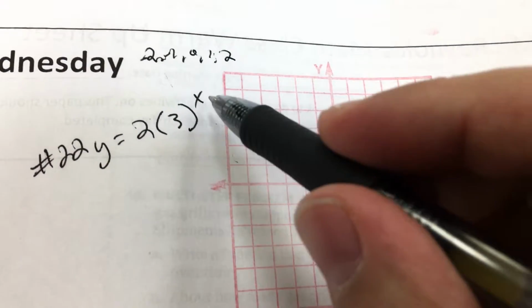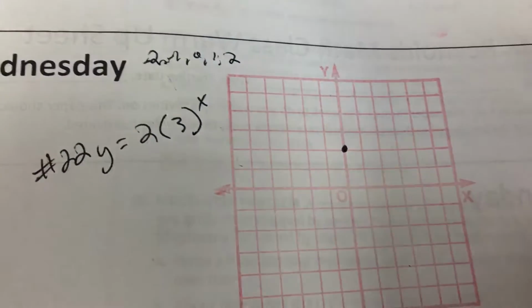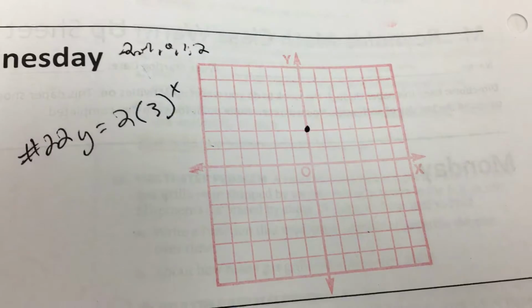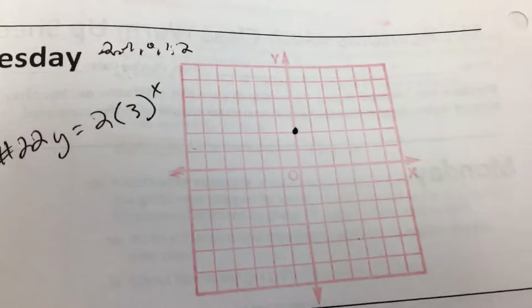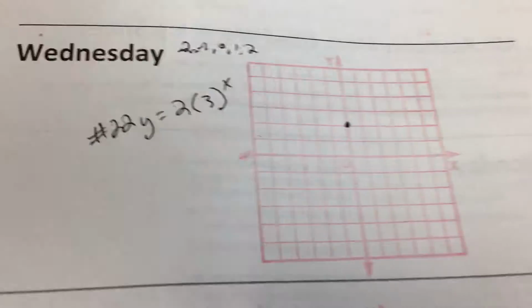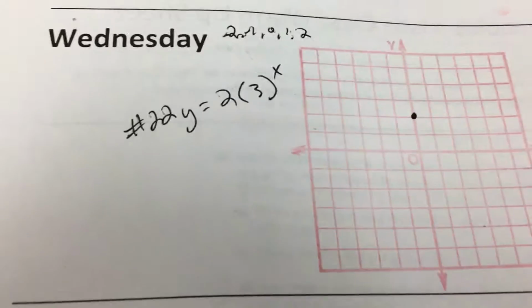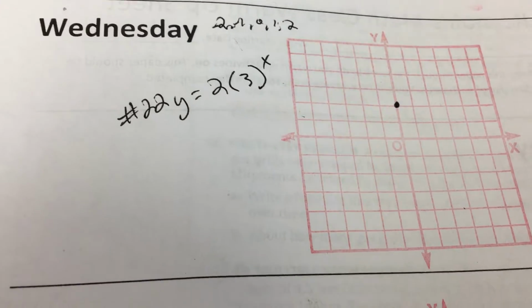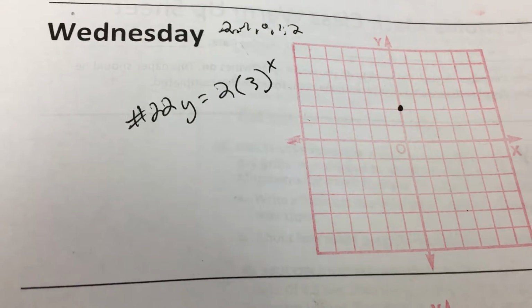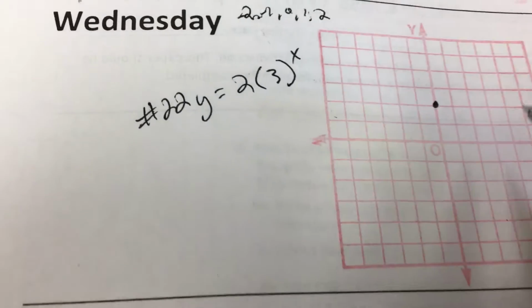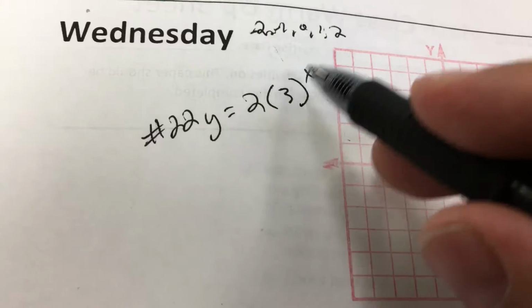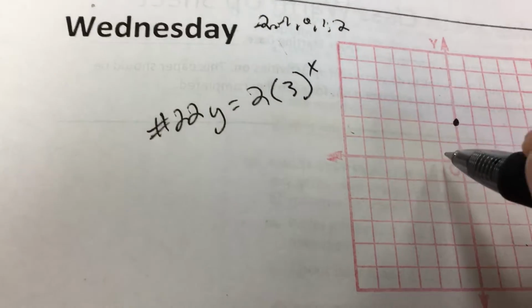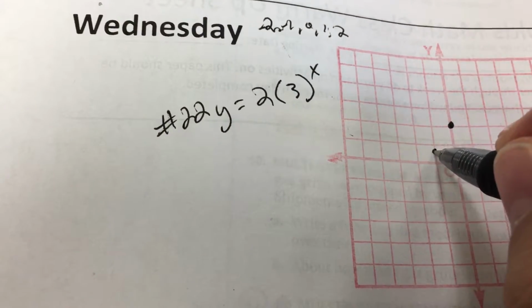So -1 would make this 1/3. 1/3 times 2 is 2/3, which I'll put right here.